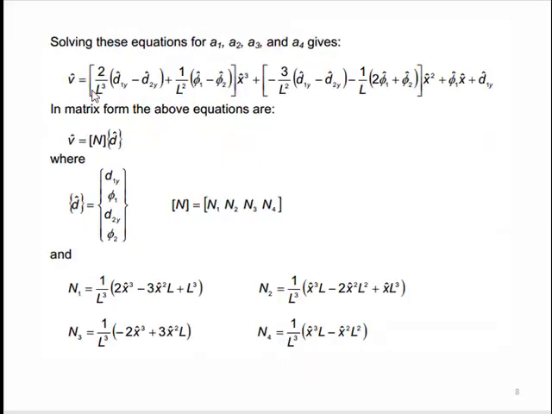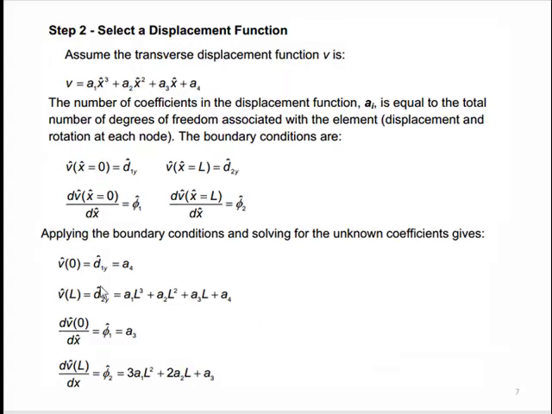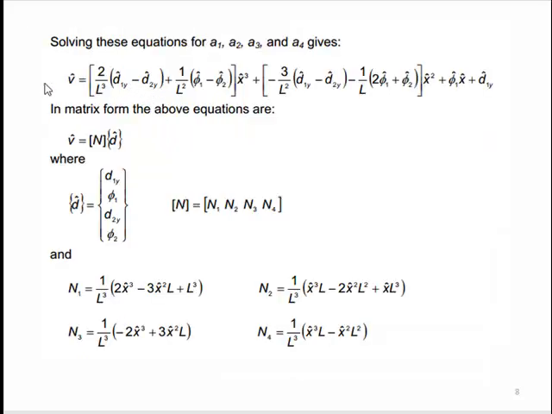There are some intermediate steps which have not been performed here, just because those things are basic. When we do those intermediate steps and plug these values of a1, a2, a3, and a4 into this expression, the form that we get is here.